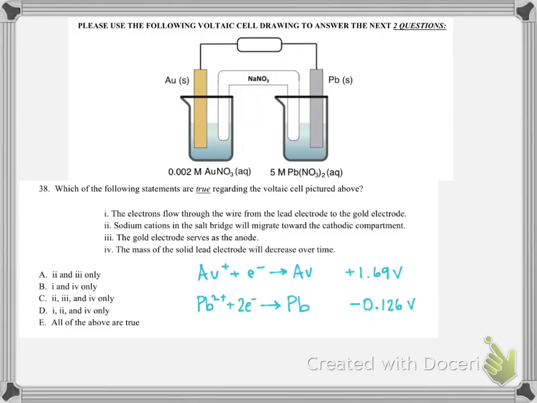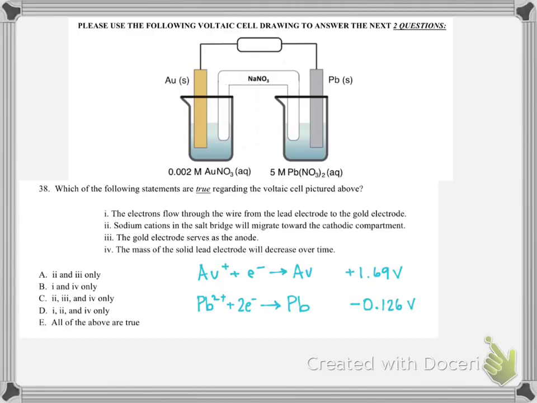Okay, so we have this voltaic cell diagram to use for the next two questions. And we have some true or false statements to answer, but let's just think about what's going to happen with our cell before we get into answering those. So we have gold and lead as our two metals in our redox active species.